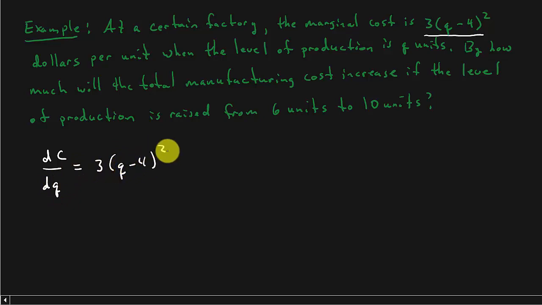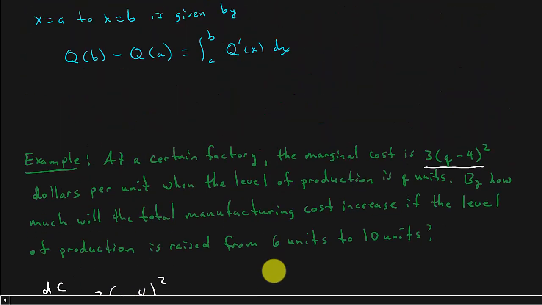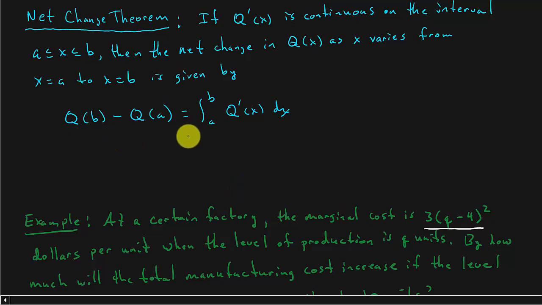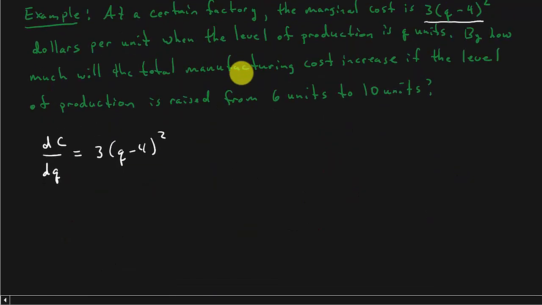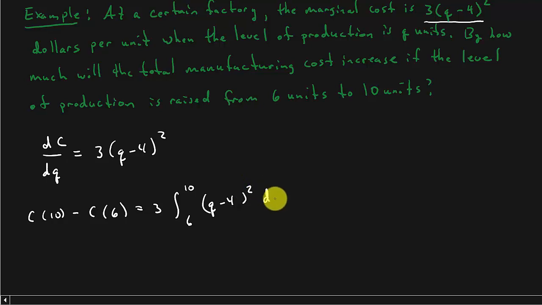I can get the net change in the cost by using this formula here. Remember, we're going from 6 to 10 units. So I have c of 10 minus c of 6 is equal to the integral from 6 to 10, and I'm going to pull the 3 out, of (q minus 4) squared dq.